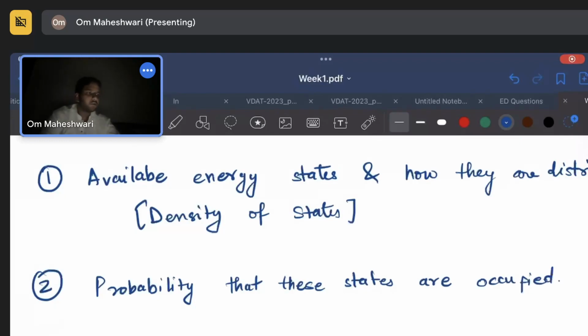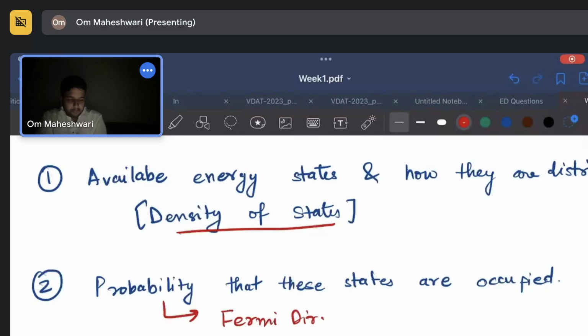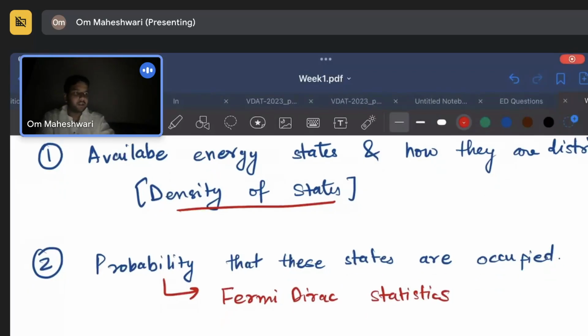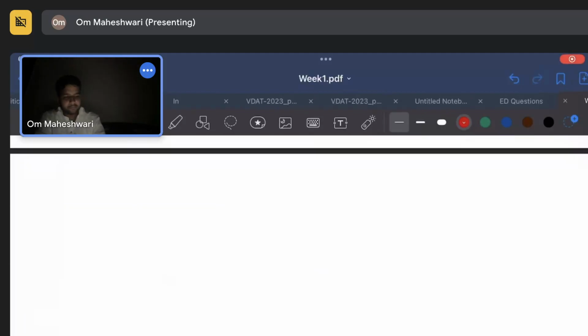So let us go to the first thing now, density of states. The second thing will be driven by the Fermi-Dirac statistics. We will talk more about it later, but let us continue for now. Let us look at the density of states first.